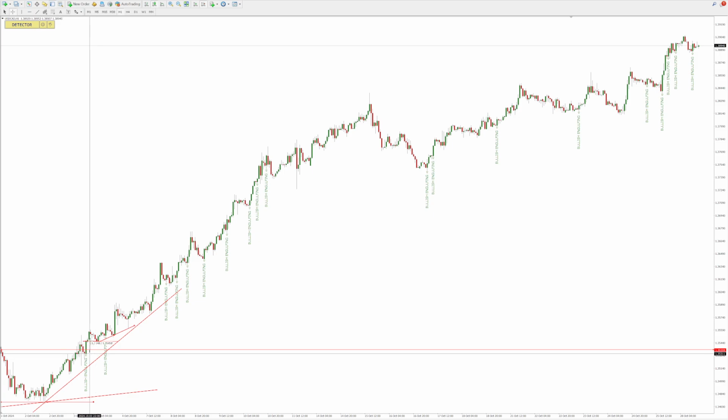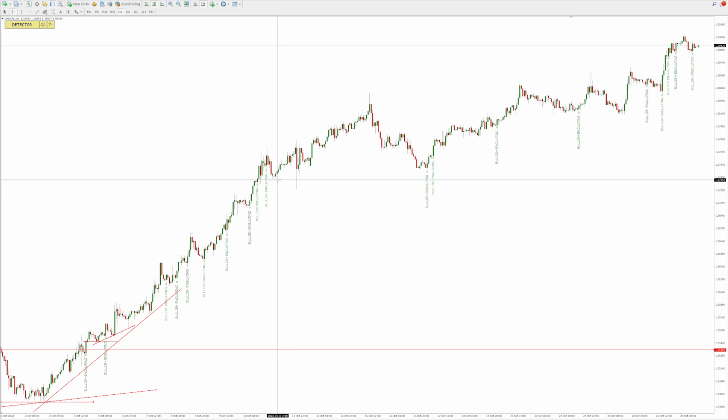So a 15 odd pip stop loss, which is relatively tight for the 1 hour chart time frame, and then moved it to break even. As price increased, had a pullback and then continued, I just moved the stop loss along to the lows. So here and then here, with continuation, pullback, continuation, my stop loss will go here and here, and so on and so forth.